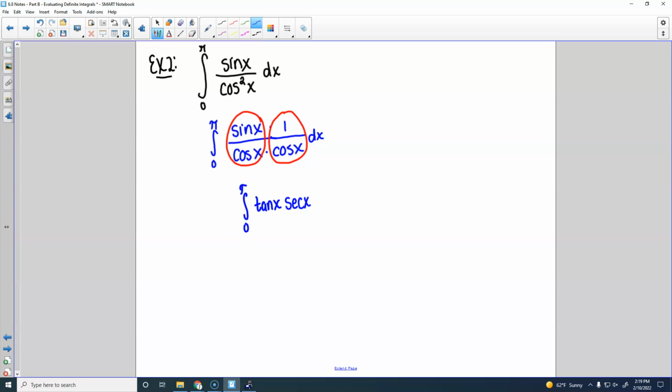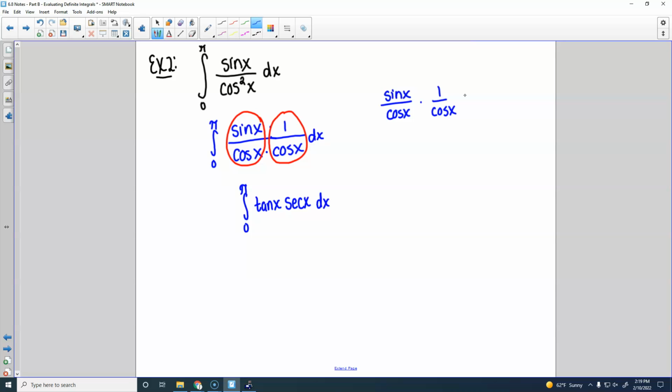They are multiplied together. Right now they're written together, but if I write sine x over cosine x and I split it up times 1 over cosine x, it still equals the same thing, because to multiply fractions, I would just multiply the top, multiply the bottom, and it would give me what I started with. Now, tangent x secant x was one of those things that we can integrate, right?